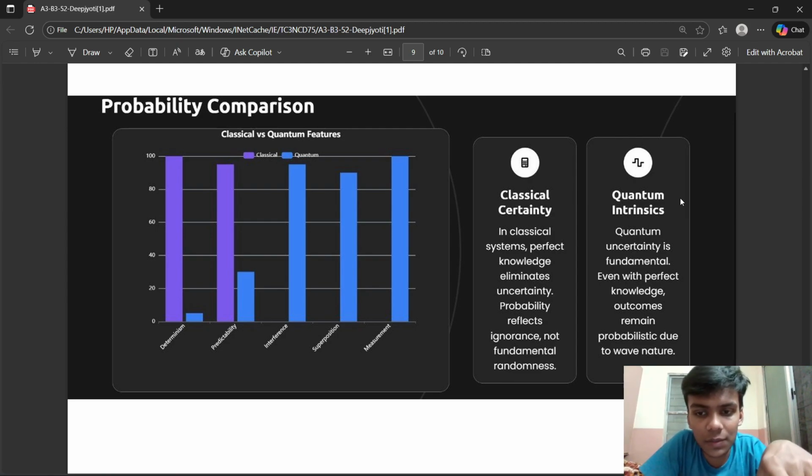Classical certainty means perfect knowledge eliminates uncertainty; probability refers to ignorance, not fundamental randomness. Quantum uncertainty is fundamental: even with perfect knowledge, the outcome remains probabilistic due to wave nature.